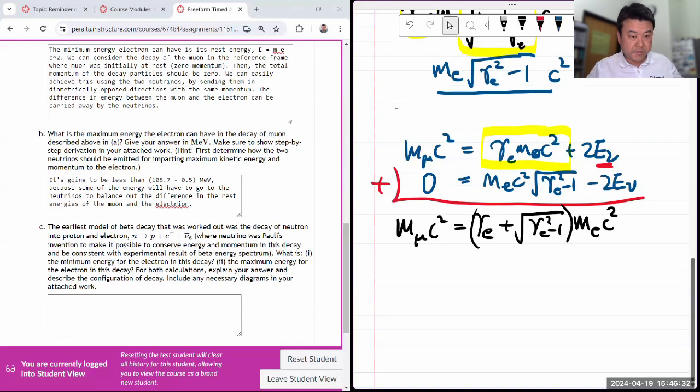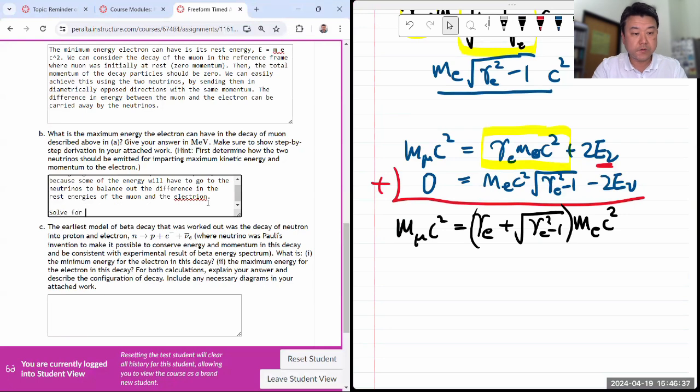So let me do it this way: solve for gamma e in mu times c squared is equal to gamma e plus the square root of gamma e squared minus 1 times me c squared. We'll finish later.